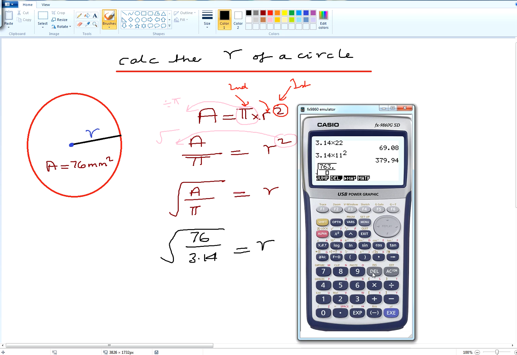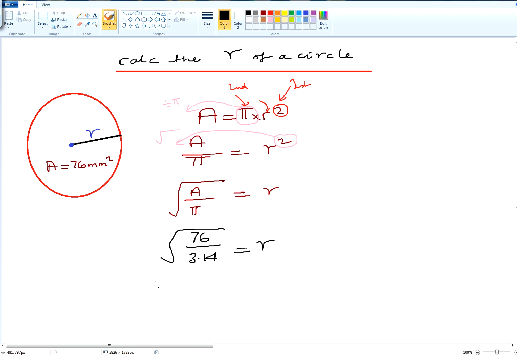Okay, let's try that again. And then press replay. Sorry, I forgot to press replay. Then 3.14 at the bottom. Okay, can you see that? Let me press exe. What do we get? 4.9197.